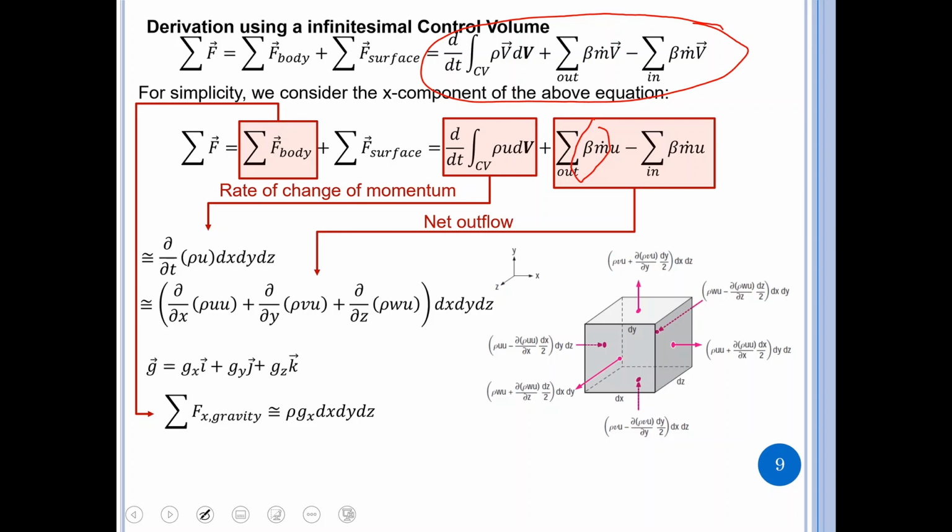If you look at a pipe, the velocity is changing across the cross section. So instead of assuming different velocities at different points, we can assume an average velocity. Now this assumption of average velocity brings some error into our calculations. To overcome these errors, we introduce a correction factor known as the momentum flux correction factor.